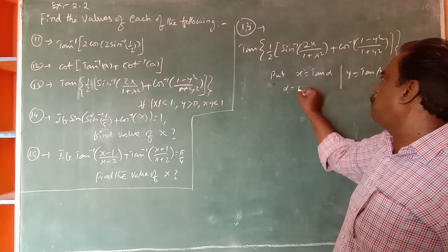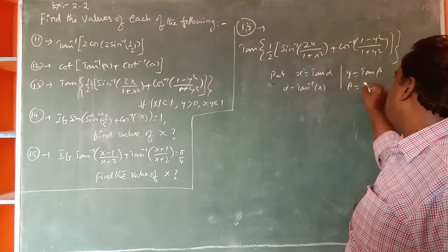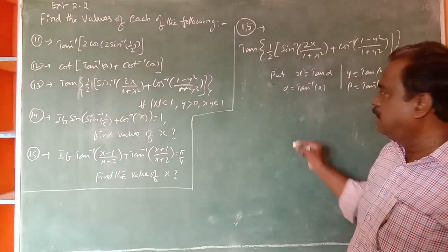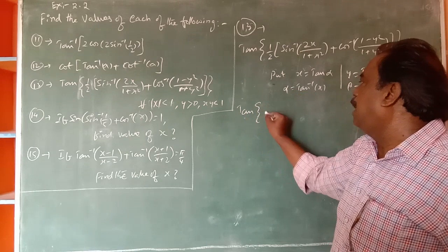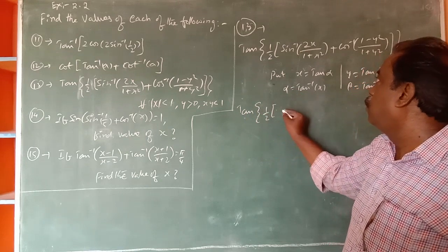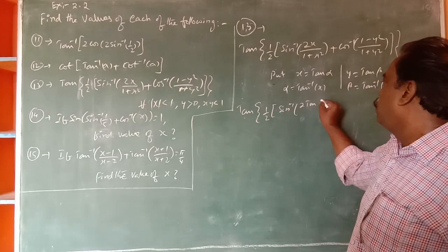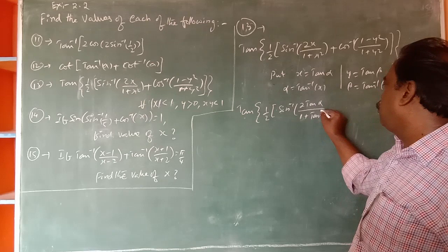Then alpha is equal to tan inverse x, and beta is equal to tan inverse y. Now it is tan of 1 by 2 into sine inverse 2 tan alpha by 1 plus tan square alpha.